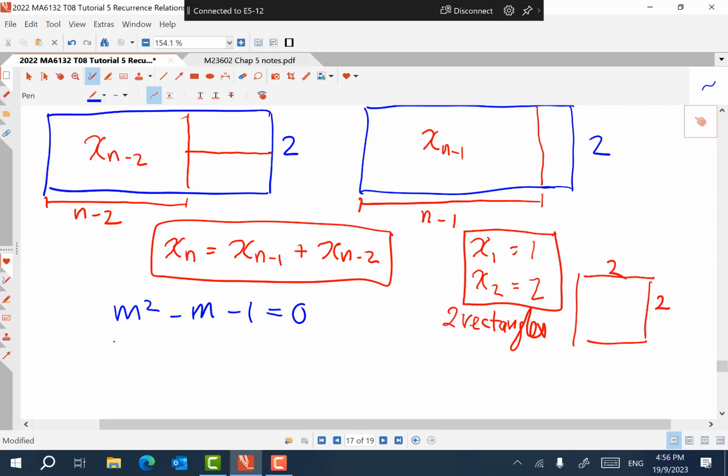Okay. If you solve for the m value using the quadratic formula, it will look like this.